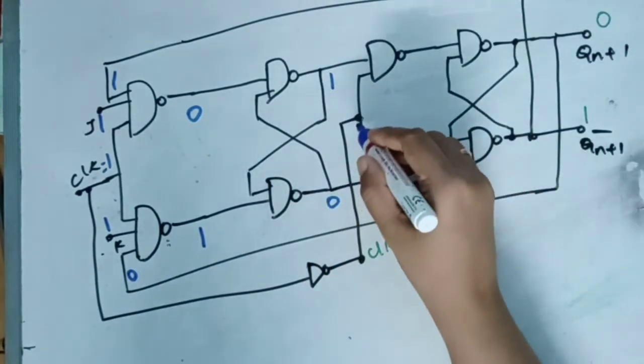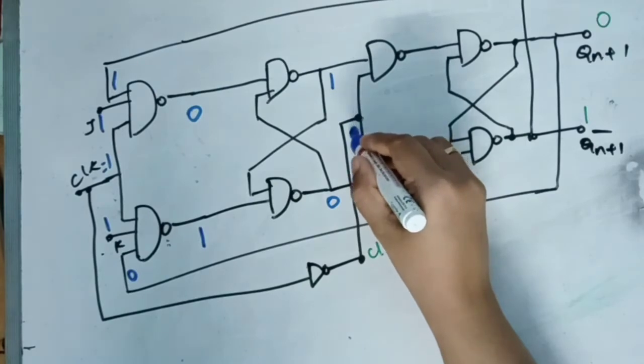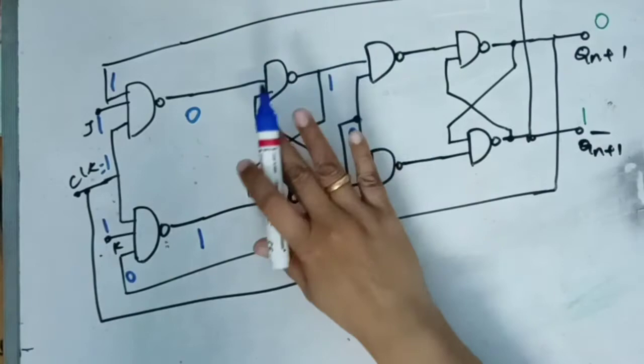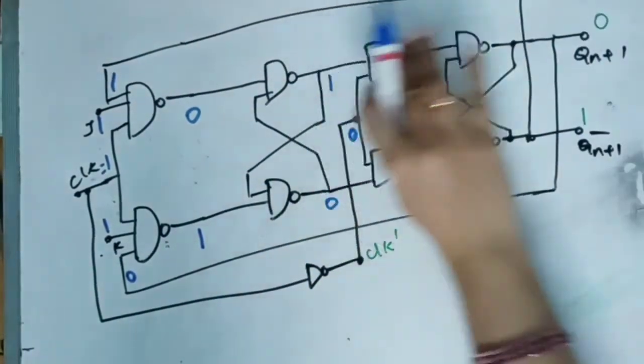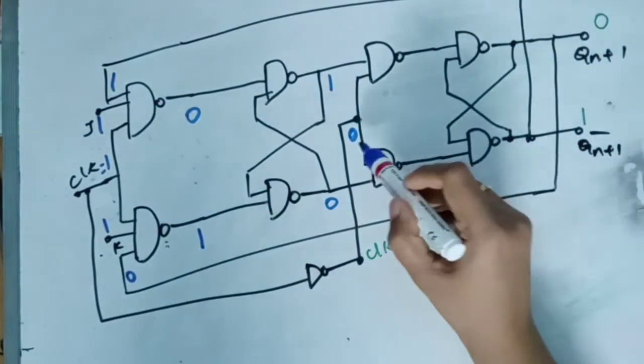Now, here you have a 0. So, these 1 and 0 will not pass to the second stage. It will remain here because this part is not working, because clock is 0.